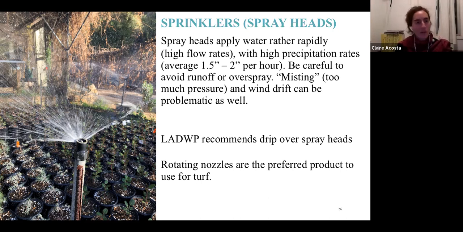You can usually find the actual specs online. With these you want to be careful with runoff, because 2 inches is quite a bit in that time frame, and with wind drift, because there's a lot of pressure and water going out, and if you have wind it's just carried away and not percolating down into your soil.